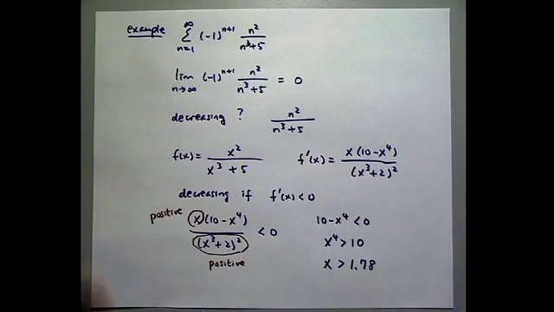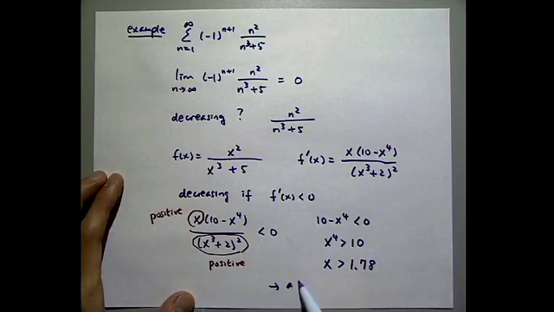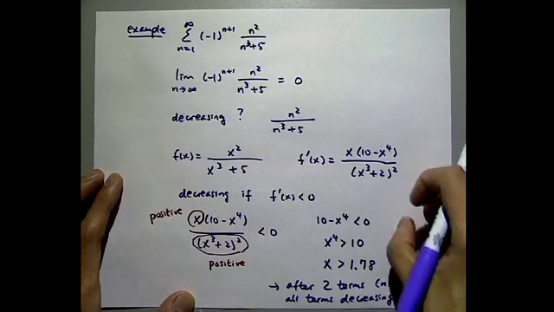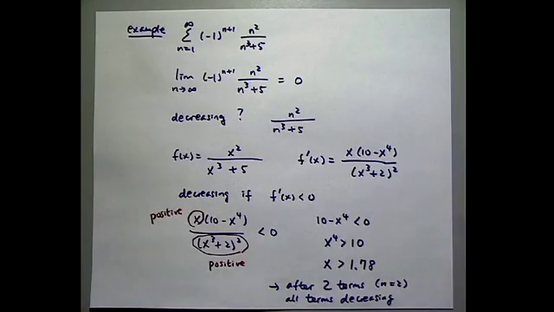And obviously, you can't go past 1.78 terms. So this is saying that after 2 terms, n equal to 2, all terms are decreasing. Just like the last example I made up here.